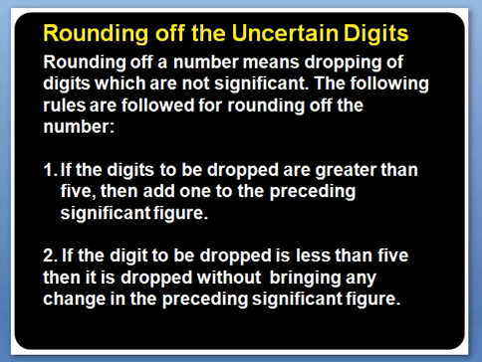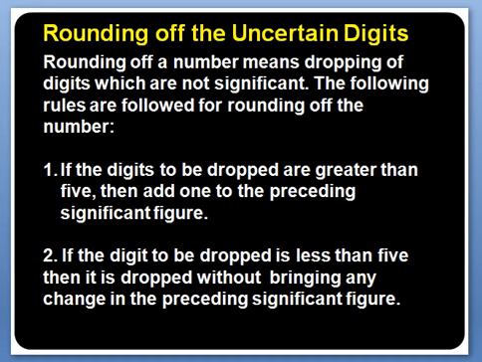Suppose there is a data 2.35, so 2.35 can be rounded off to 2.4. Suppose there is a number 2.33, so 2.33 cannot be rounded off to 2.4.